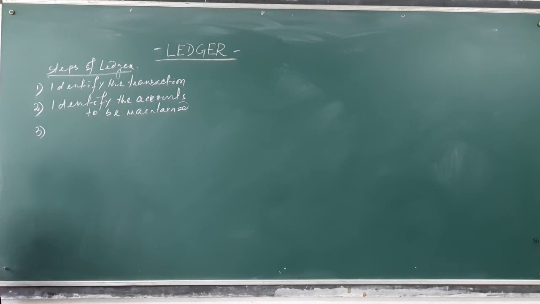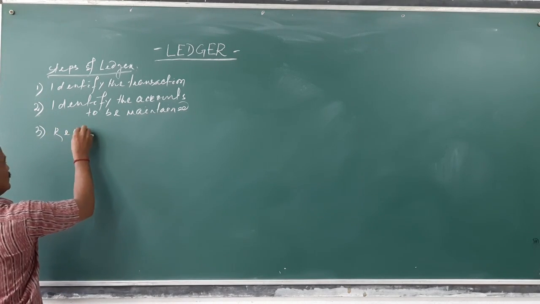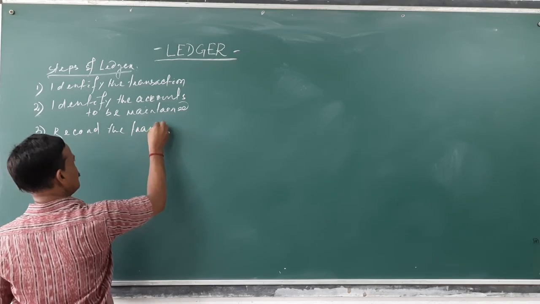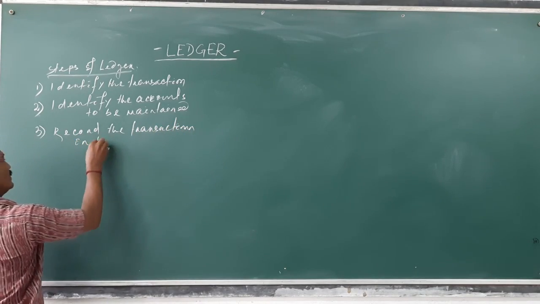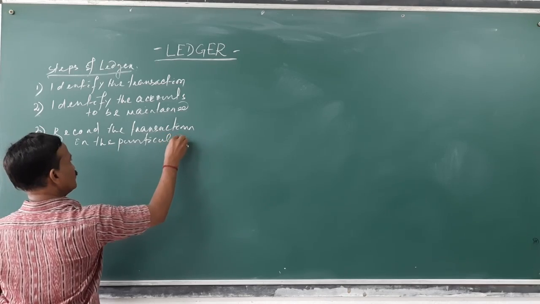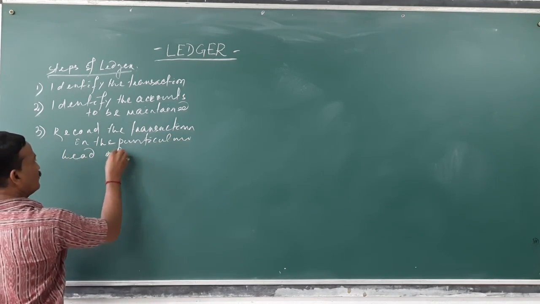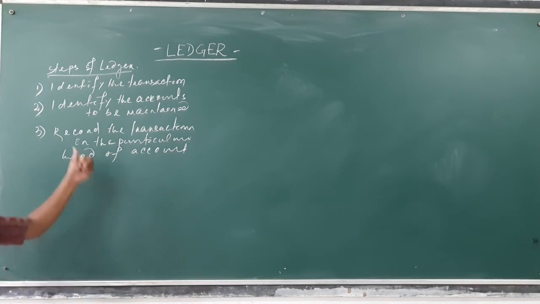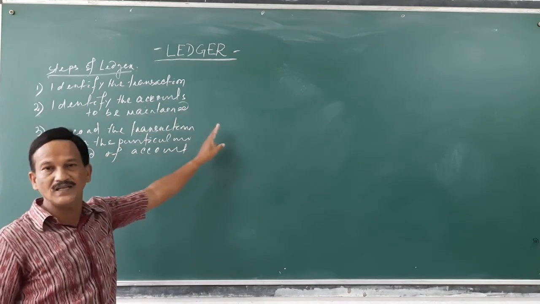Third, record the transaction in the particular head of account. So there are three steps to follow for the preparation of the ledger.